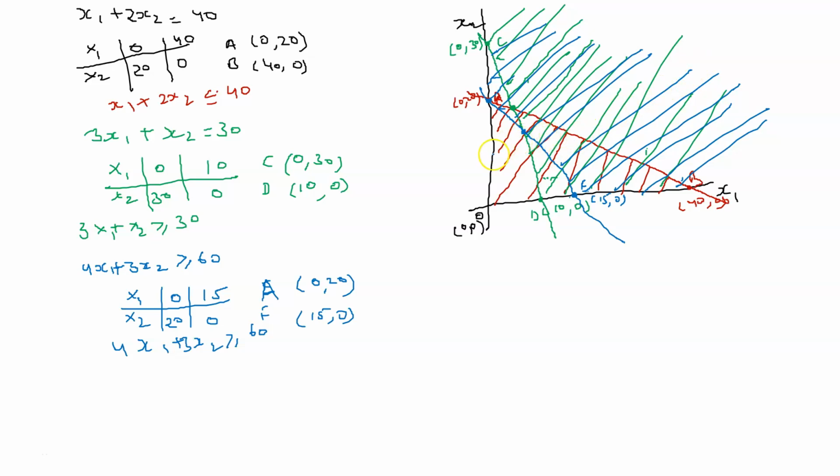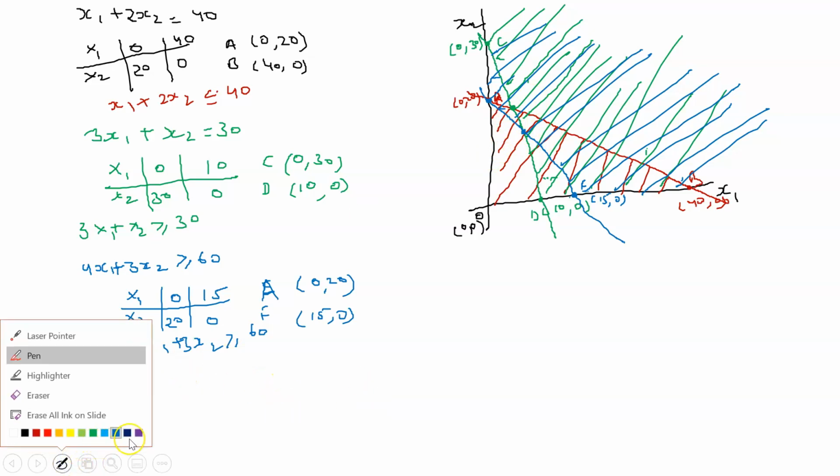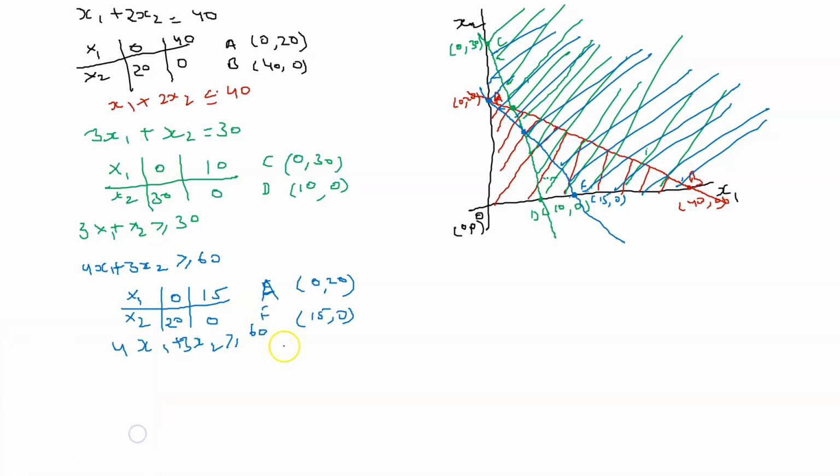Let me take some other color, let me do purple. Let's call these 2 points where the lines are intersecting G and H.